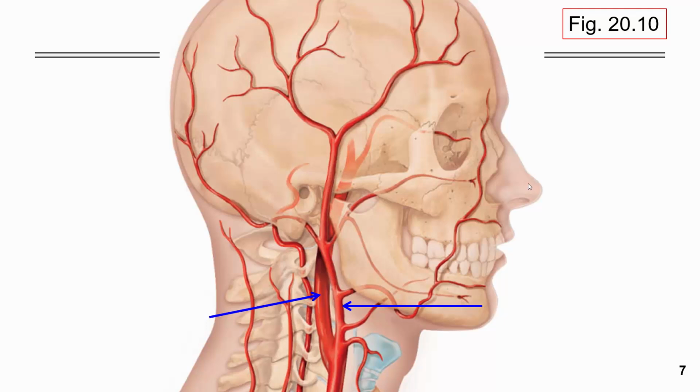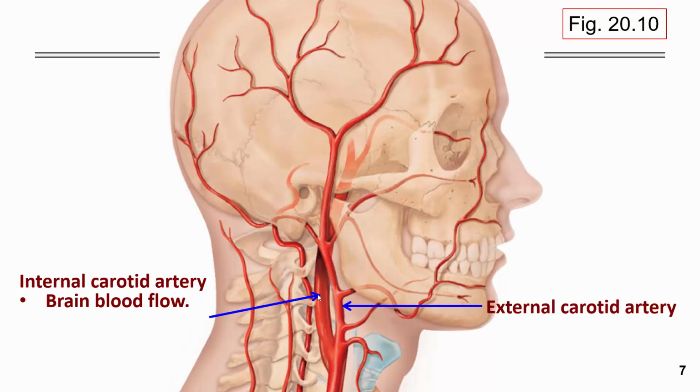On this slide, I'm just going to touch on the two major vessels that carry blood in a superior direction. We see here the internal carotid artery, named according to the fact that it lies deeper to the external, and this is the artery that's carrying oxygenated blood to the brain. The external carotid artery, which is relatively more superficial, doesn't lie quite as deep as the internal carotid, carries oxygenated blood to the external portion of the head, which is external to the brain.